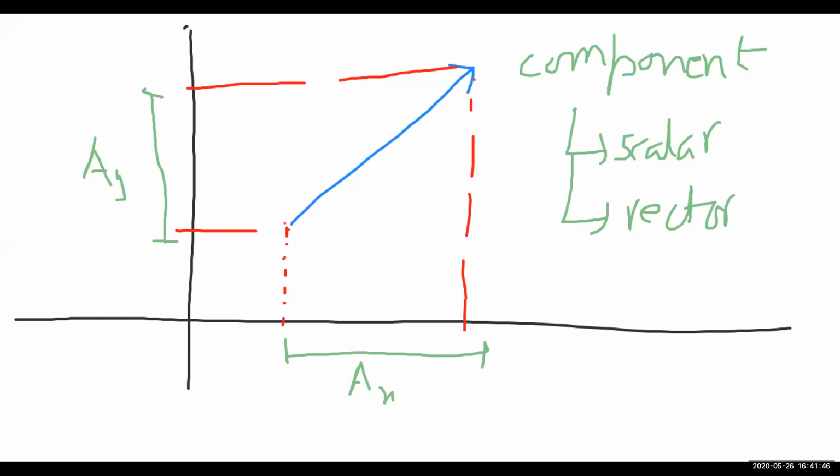Right, so components can be scalar or components can be vectors, right? And there are some properties of components which you must remember. Very, very easy.